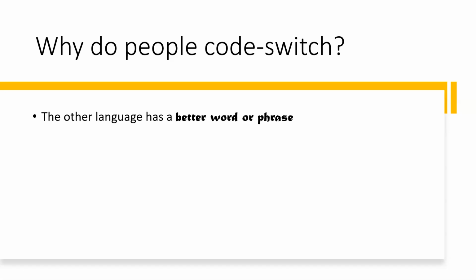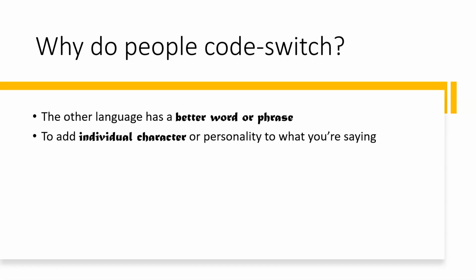Another reason why people will code switch is because they want to add individual character or personality to what they're saying. They recognize that it might add a certain flair or a certain flavor to the feeling of the conversation if they were to employ some phrase from another native language.